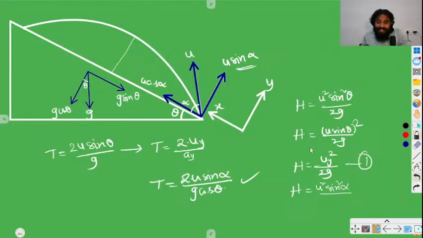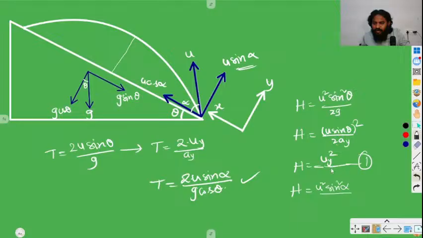And next, in the same way here also, 2g in the equation is nothing but 2 times the acceleration along the y-axis.